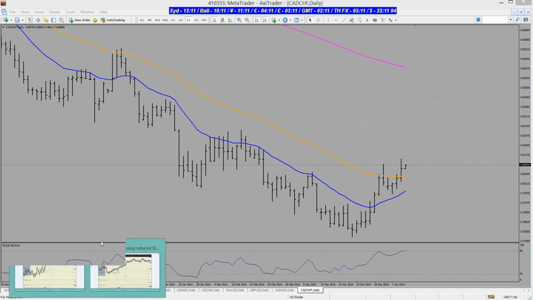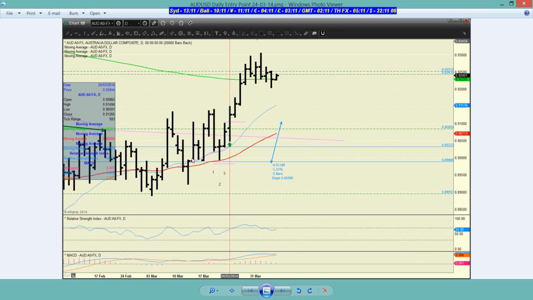Okay, now got a question here on Aussie dollar management. Just had a coaching session, and the concept was a way of reducing your stop loss using the 4-hour. Now instead of a stop loss of 76 pips instead of 122 pips, thereby increasing your profit margin. It doesn't increase your profit margin.